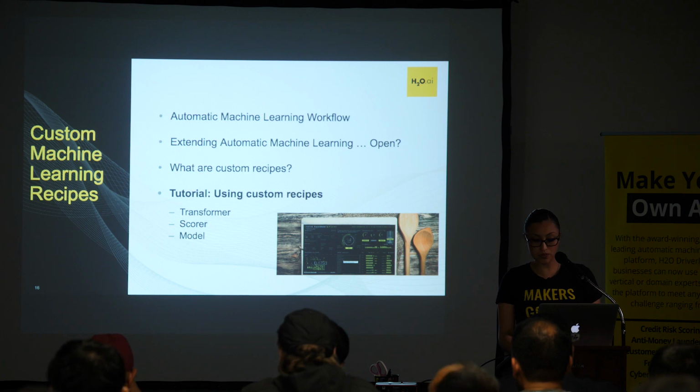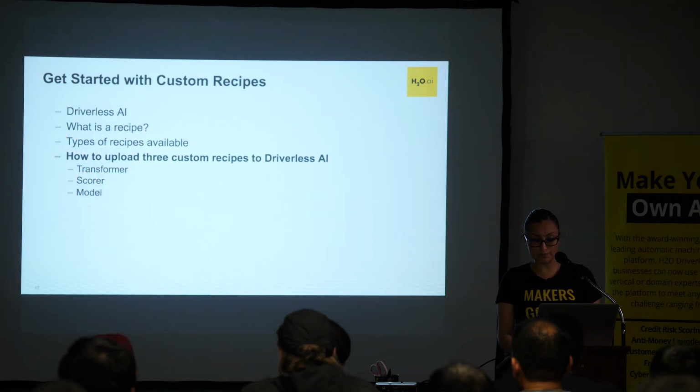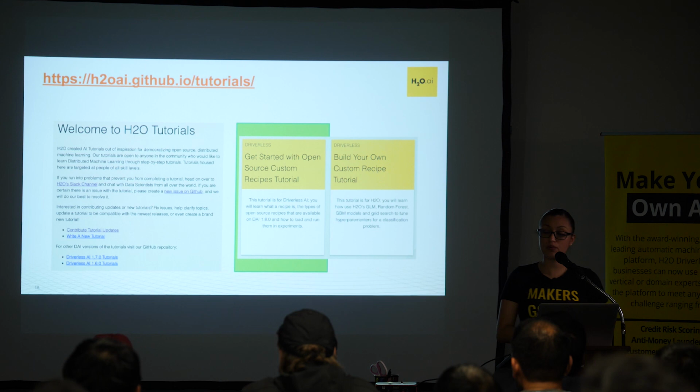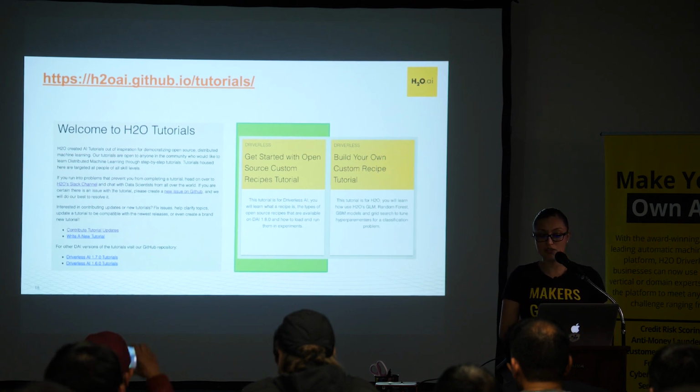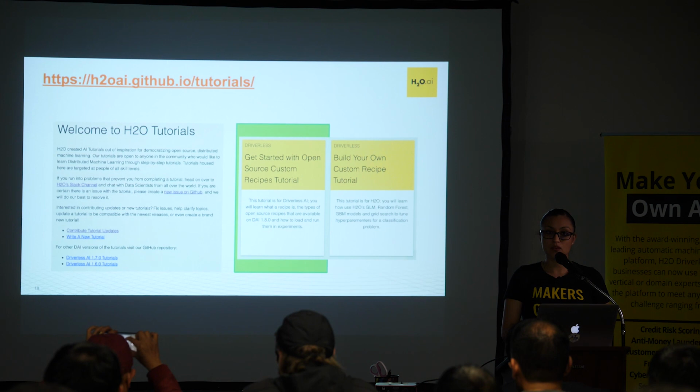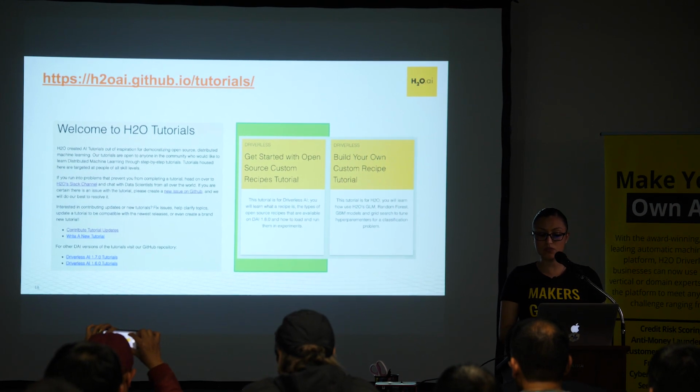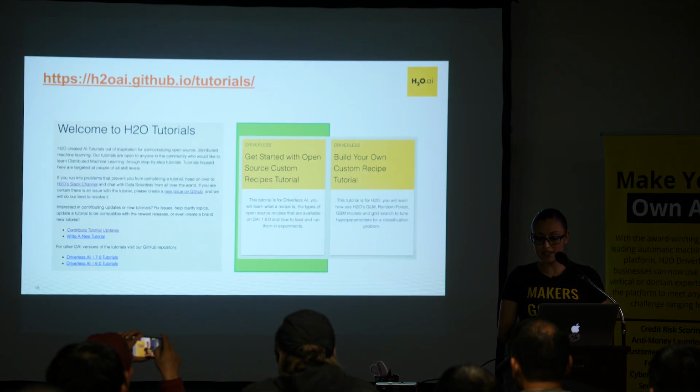The way that we're going to do this is we're going to go over one of the tutorials that we have. As Rafael mentioned, we do have a site where we have various tutorials. We have it for both Driverless AI and H2O. So the one we're going to do today is Get Started with Open Source Custom Recipes. Again, we're going to import a series of custom recipes.